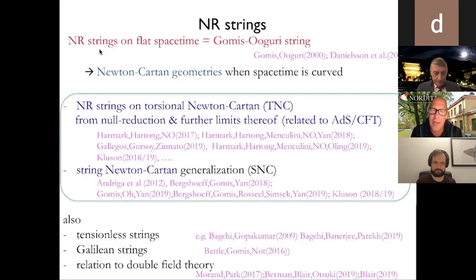And in this larger framework, Gomis and Ooguri considered a certain limit of relativistic string theory that they called non-relativistic strings, for the reason that the spectrum had non-relativistic features.